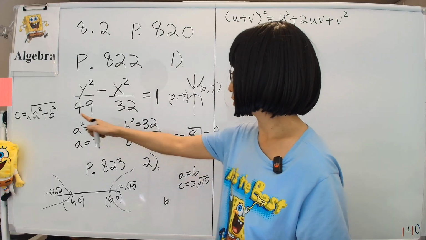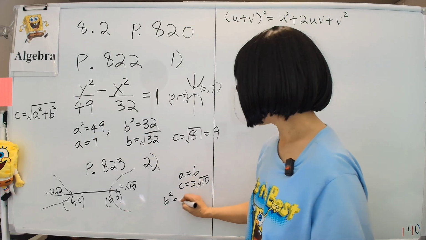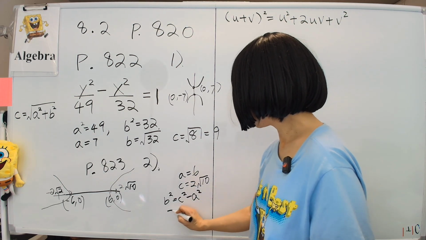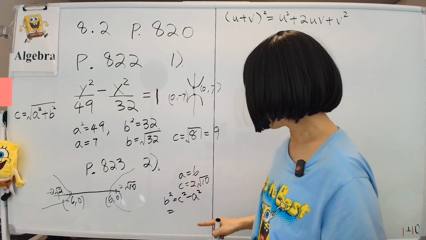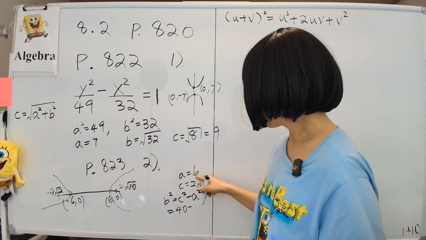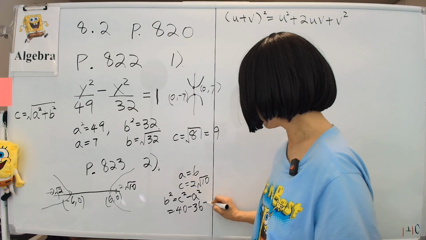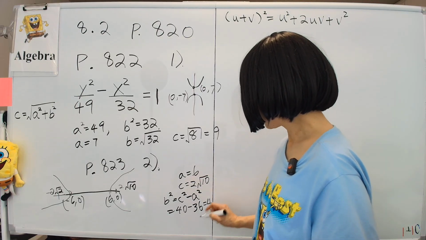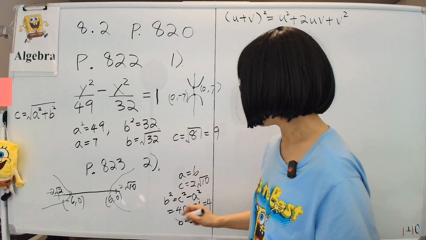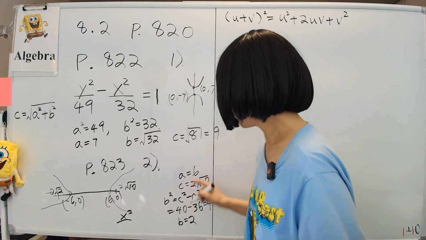Based on that formula, b squared equals c squared minus a squared. That equals, that thing squared is 4 times 10, that's 40, minus a squared, which is 36, so it equals 4. And so b equals 2. So the equation would be x squared over a squared, which is 36.